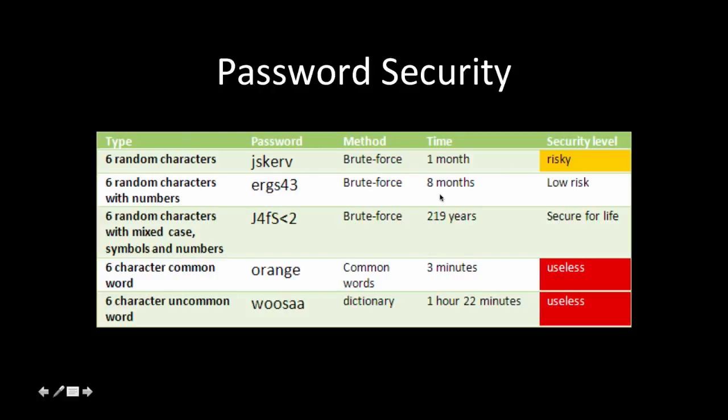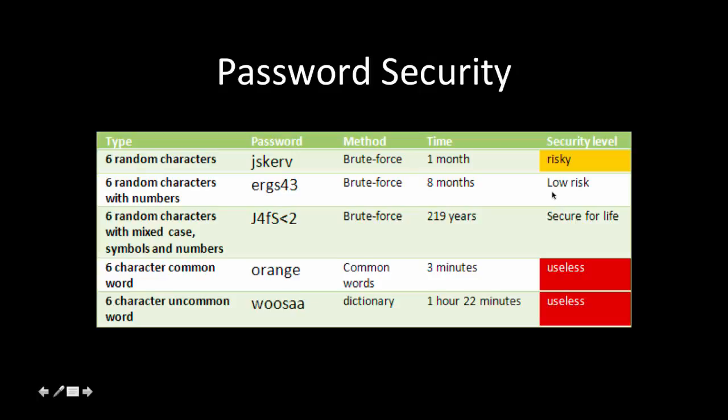Now the reason it takes longer is because if you go through all the characters, you have 10 less options for each of these 6 characters. You have all 26 letters, but you don't have the numbers 0 through 9. And so you add in a lot more complexity if numbers are in there. That would make it take about 8 months to brute force attack your password, and that's pretty low risk.